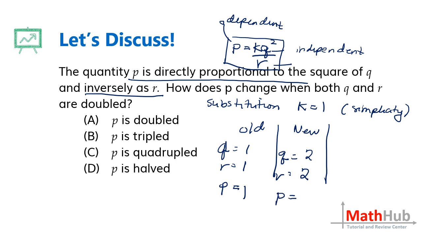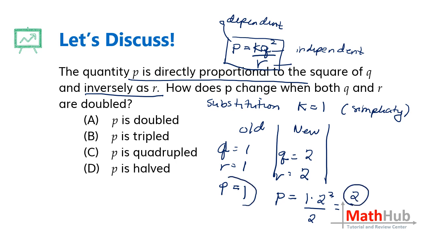Let's solve for P. So we have k is 1, Q is 2, R is 2, correct? So we have 1 times 2 squared is 4 over 2. So the answer is equal to 2.